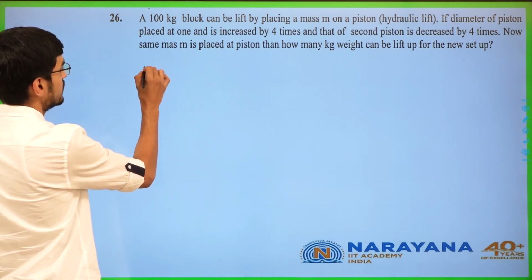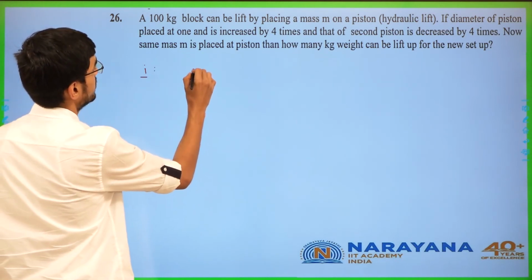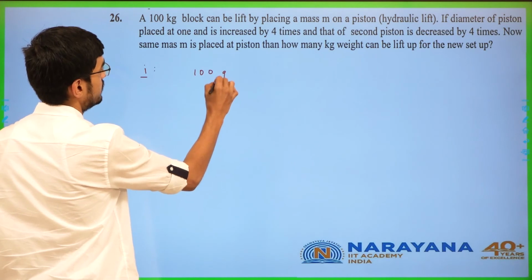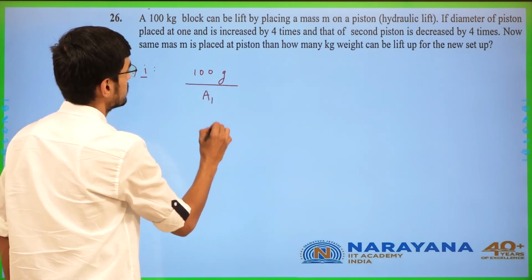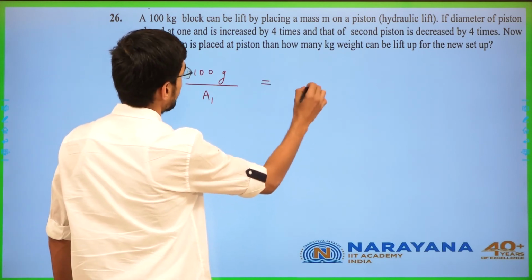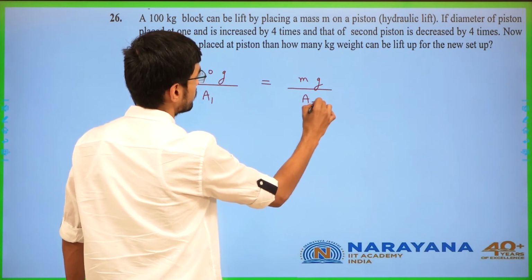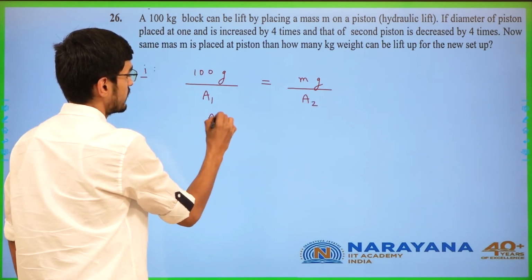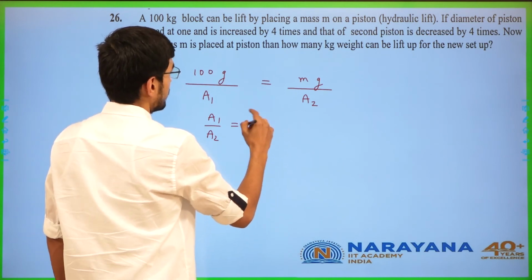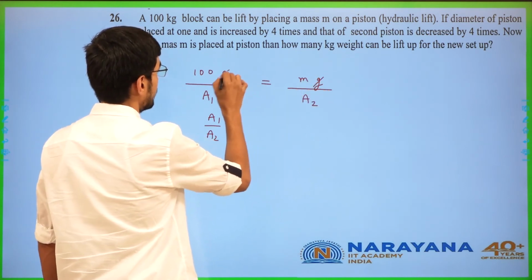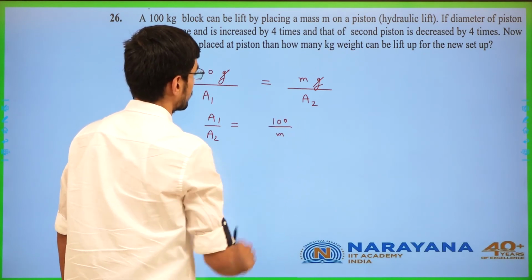For initial conditions, I can write that 100g, that is mg of this block, divided by the area at its location, can be linked with the other side, mg divided by A2. So from here A1 by A2 will come out to be 100 upon m.